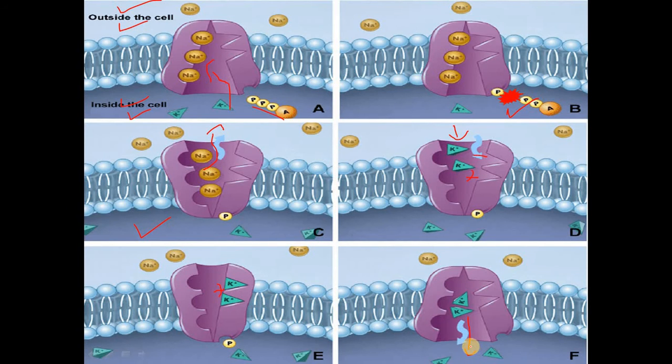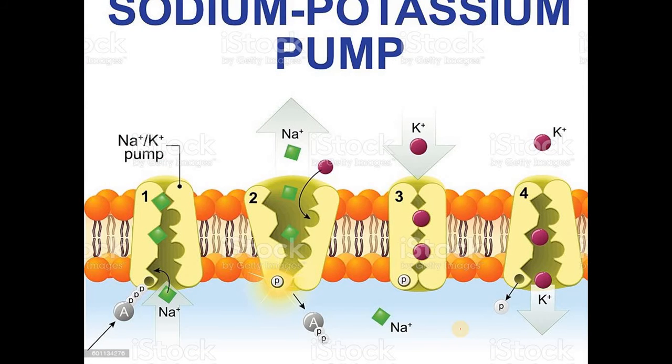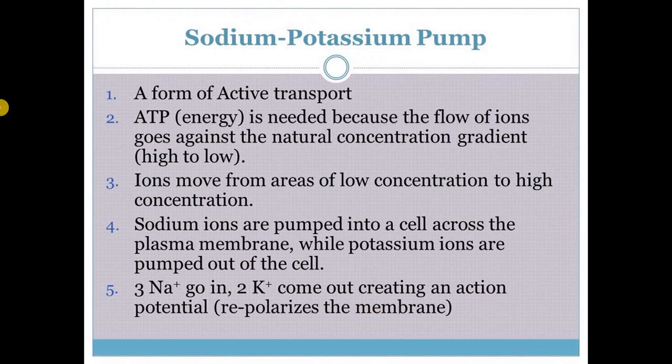So this is the stepwise mechanism of the sodium potassium pump. Overall, in the sodium potassium pump, 3 Na plus from inside the cell are trapped in the cavity and go outside, while 2 K plus are trapped in the cavity and go inside. So this is the sodium potassium pump.